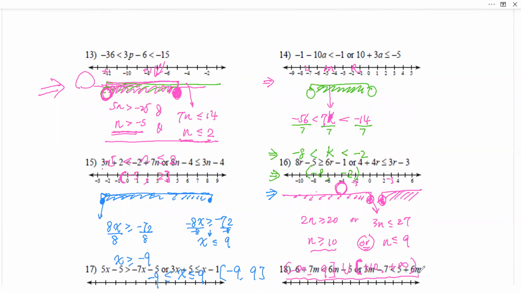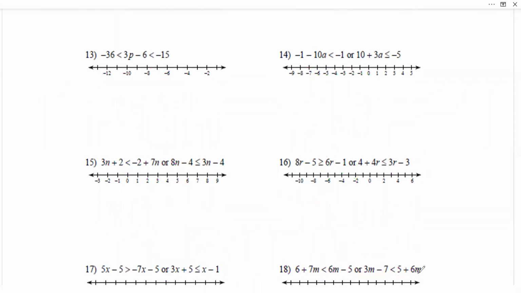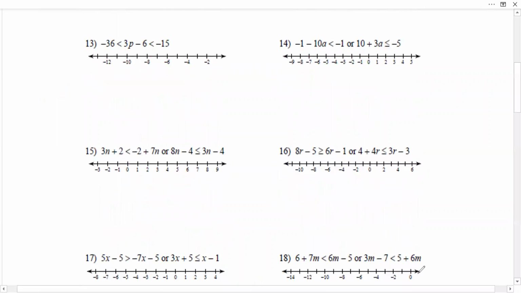Nope. All right, so let's move forward. Number 13. This is a compound inequality, right? So for both sides, three sections, left, middle, and right, all plus 6. So you got 3p greater than negative 30 and less than negative 9.